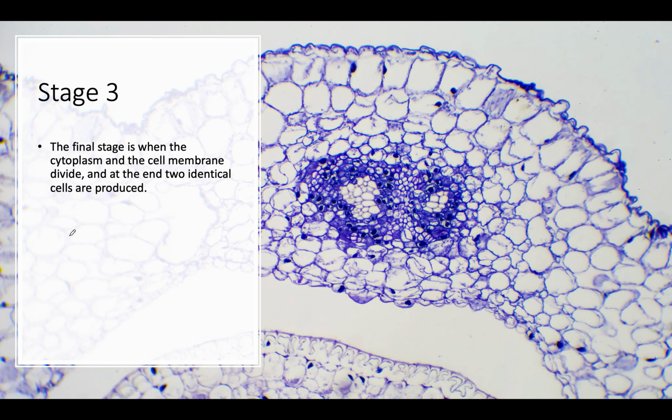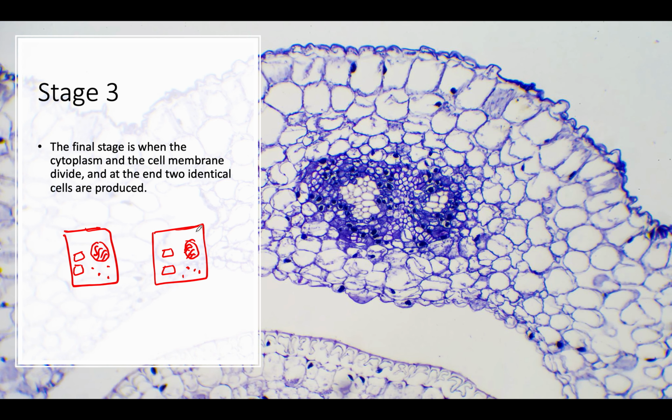So in the end we produce two identical cells, where the nucleus, the mitochondria, and the ribosomes are the same and are identical. So the chromosomes inside will be the same as well. So over here there will be the same.